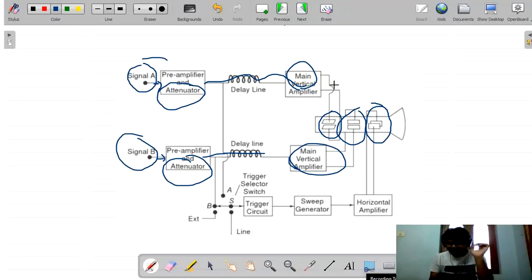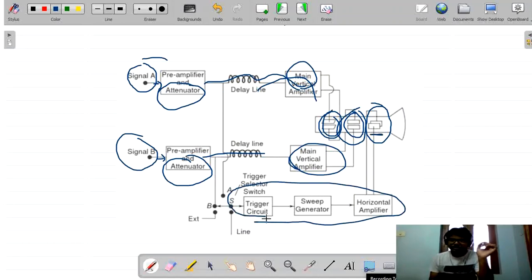From this we can clearly see the vertical deflection plates of signal A and the vertical deflection plates of signal B, and only one horizontal deflection plate, which is from the bottom circuit.